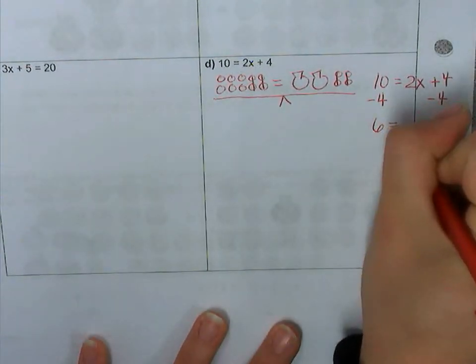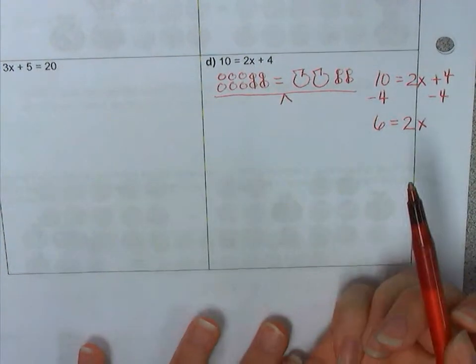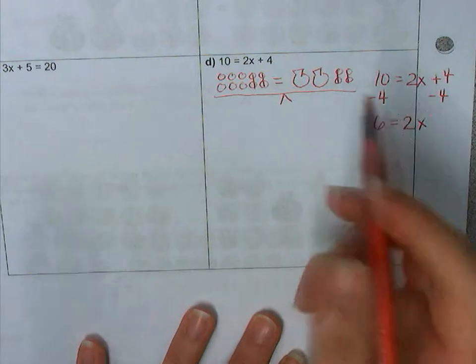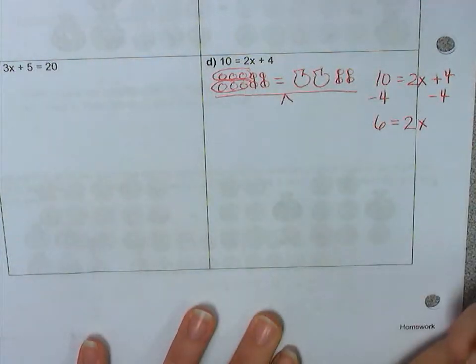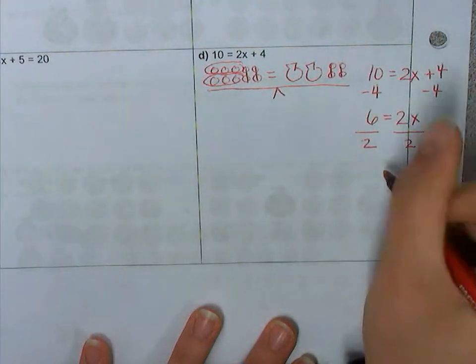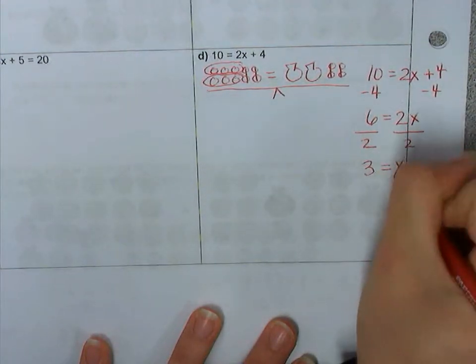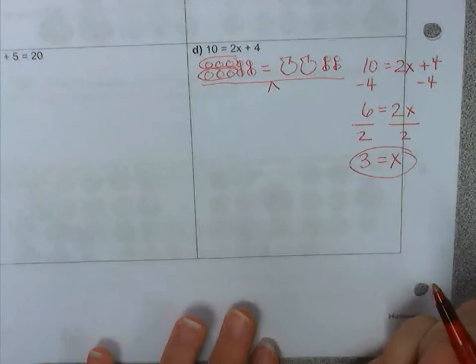So we've got 6 equals 2 pouches, because there's 6 coins left here and 2 pouches here. Well, then we can group it into 2 groups. So each group is going to have 3. So we divided it into 2 groups. So each group has 3 coins, or x equals 3.